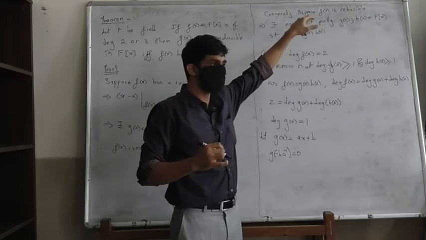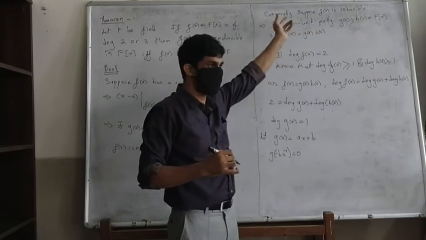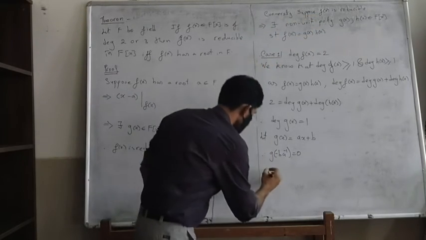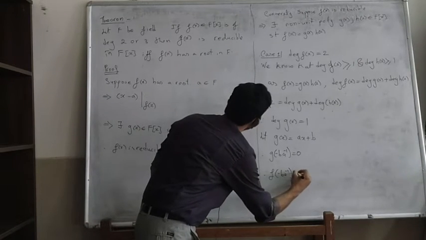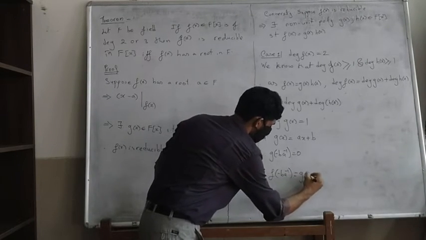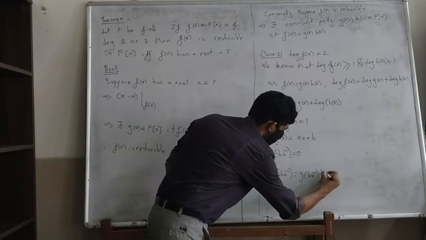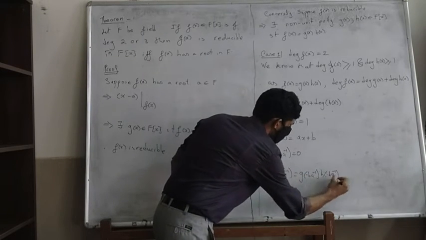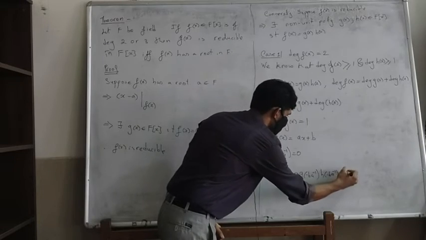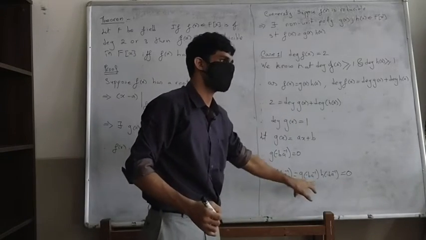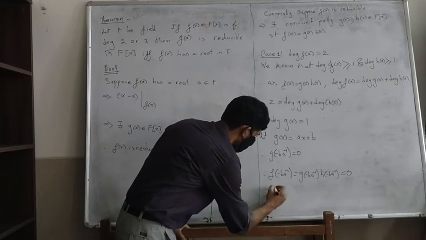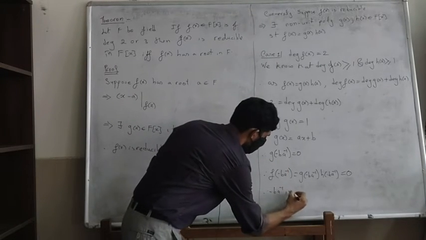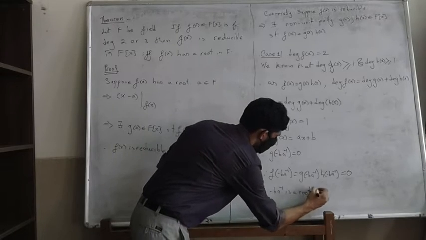So using the evaluation map on both sides, we know that the evaluation map is a homomorphism. Therefore what we get is f of minus b times a inverse would be g of minus b times a inverse times h of minus b times a inverse. It doesn't matter what this is, because this is anyway 0. This is 0, right? 0 times anything gives us 0.